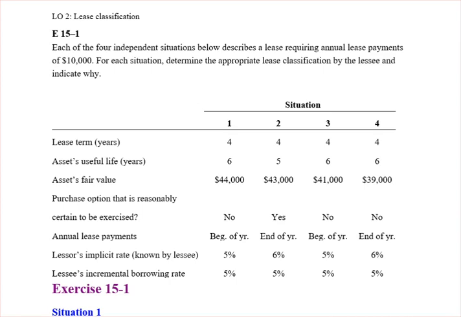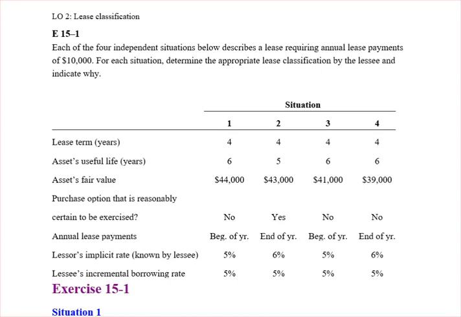So I'm not going to go through these steps for you. I expect you to be able to look at all these situations. And the asset's useful life, you're going to say how much of it is covered. So that's a fractional computation.